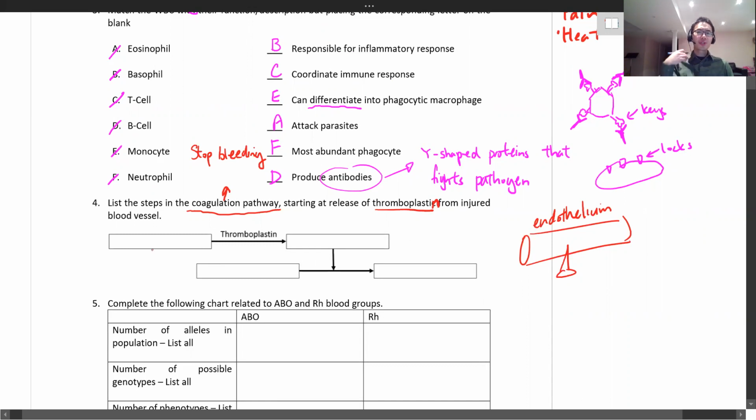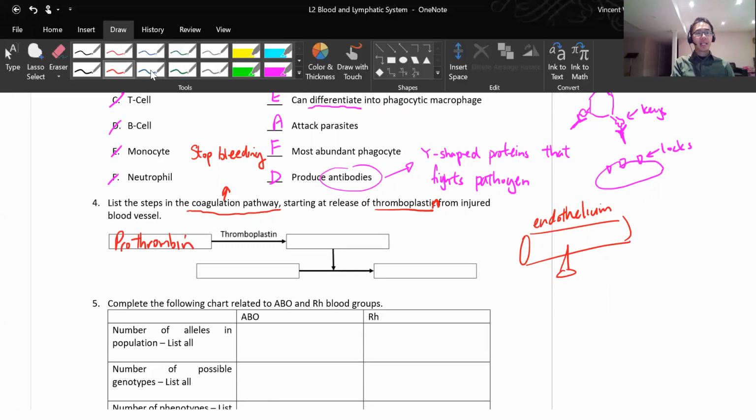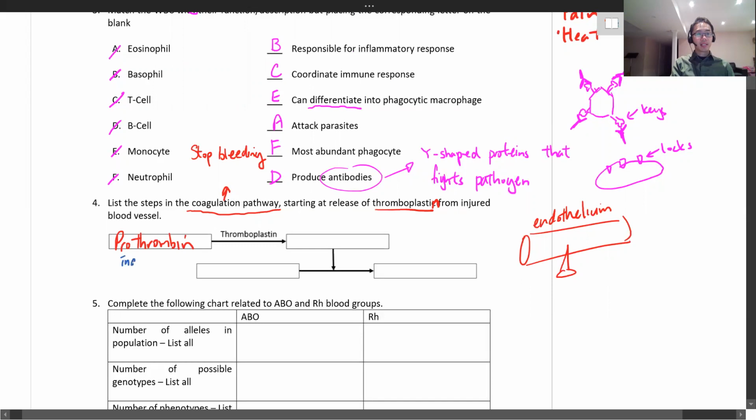Well, circulating in your blood right now, in your plasma, you have a lot of proteins. One of the proteins related to coagulation is called prothrombin. Prothrombin is actually inactive at the moment.